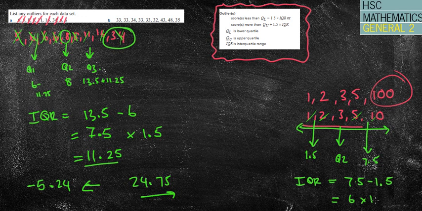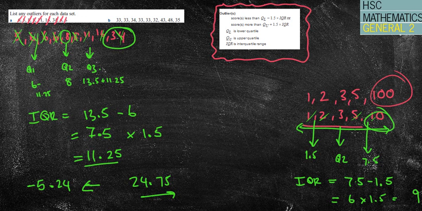Times that by 1.5, so 6 times 1.5, and that's going to be 9. And I'm going to do 1.5 take away 9. Well, that doesn't really work, but I'm going to do 7.5 plus 9, which is going to be 16.5. Therefore, 10 is not an outlier.